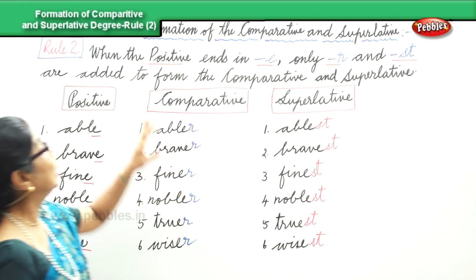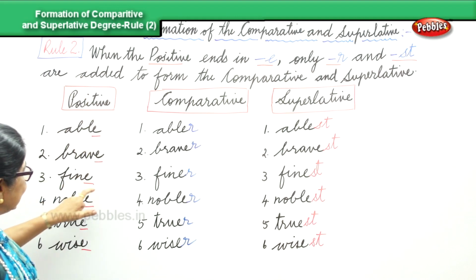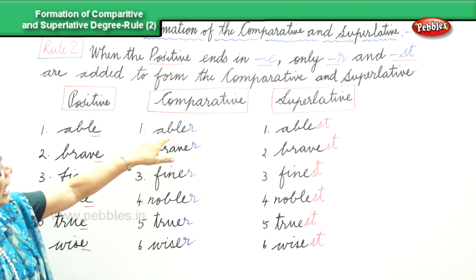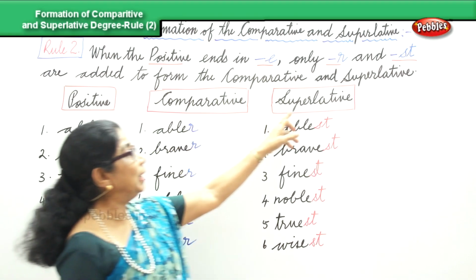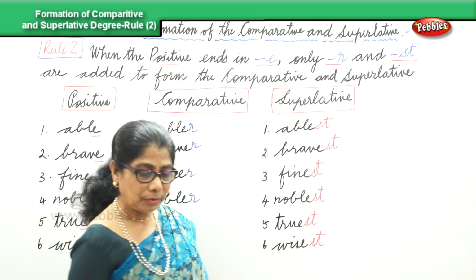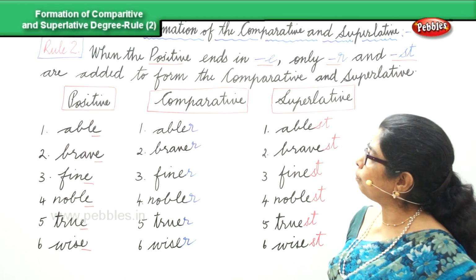Now, the second rule says when the positive ends in E, the comparative is formed by adding R, and the superlative is formed by adding ST. Okay, now let's look at the whole thing and read it aloud.